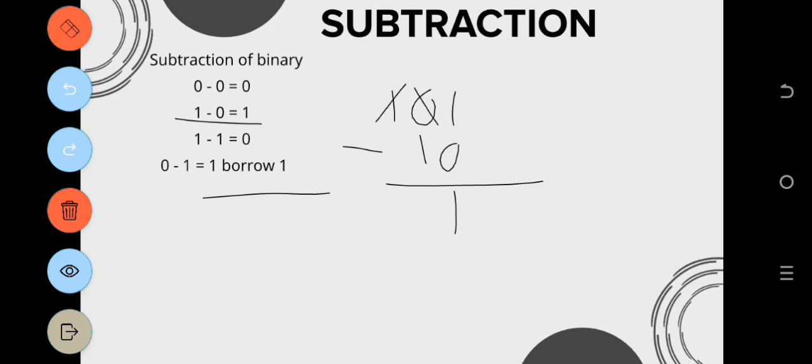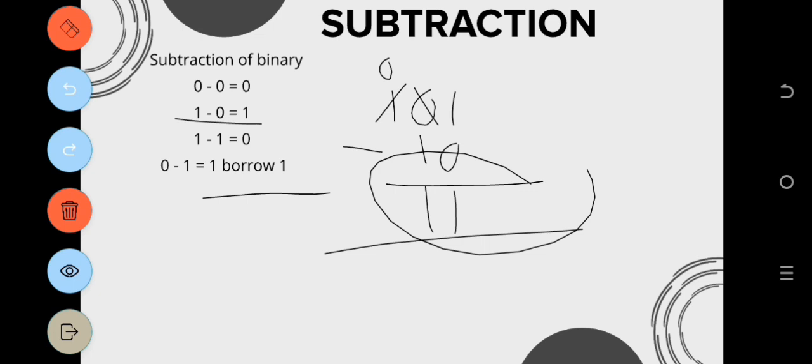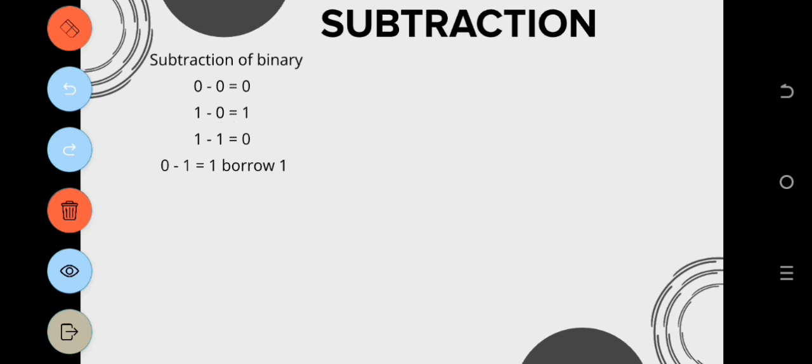So this cancels, and the result will be 1 because you borrowed 1 from the nearest number, and the answer is 11. That's all for subtraction.